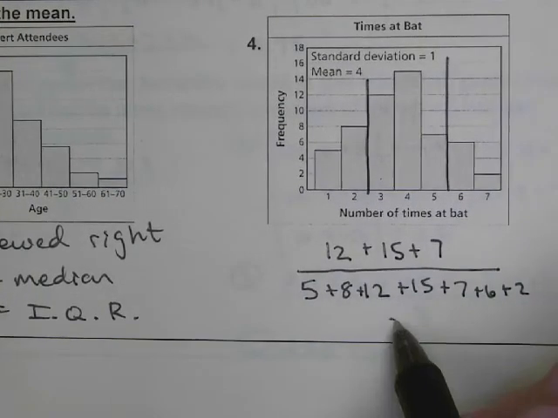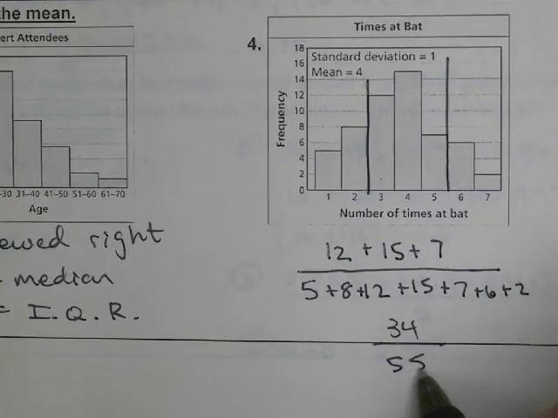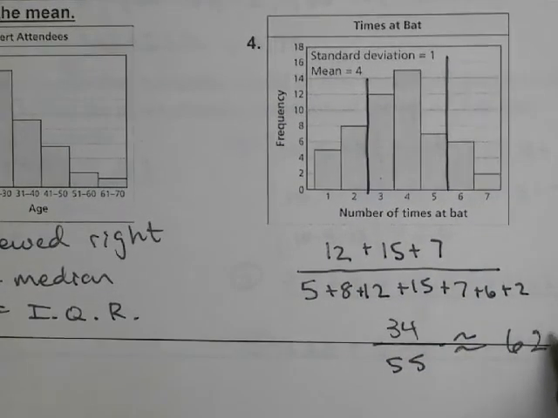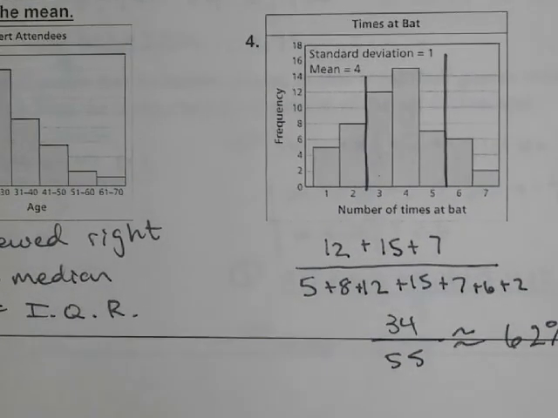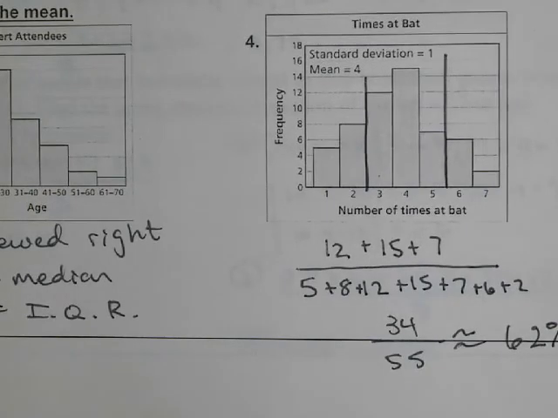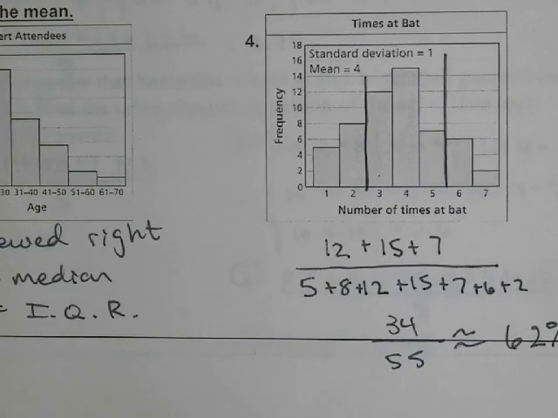And we get 34 over 55, which is approximately 62%. And that's how we can use these different statistical ideas to help us summarize statistics and use the skewedness to help us look at the data that we gather.